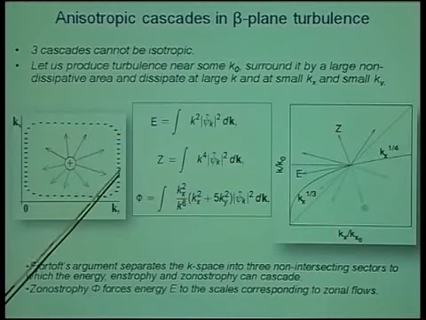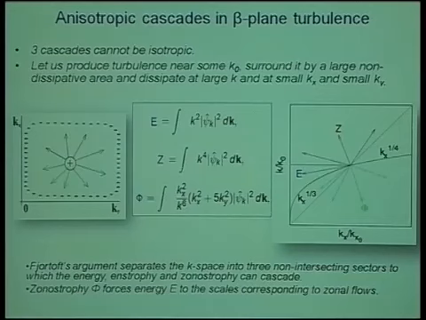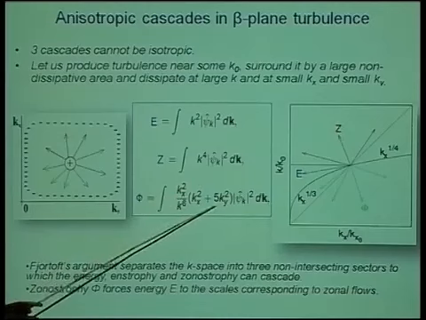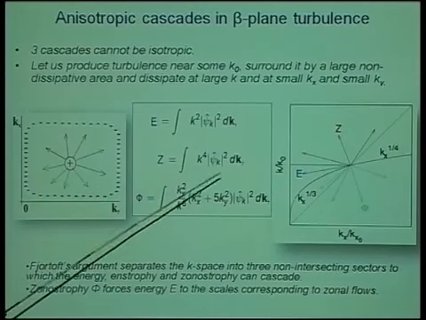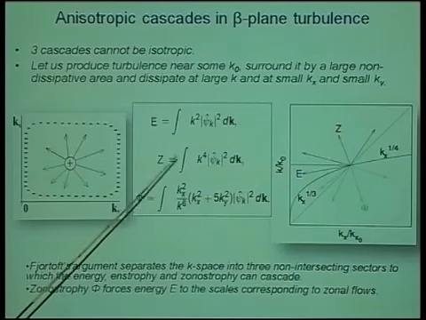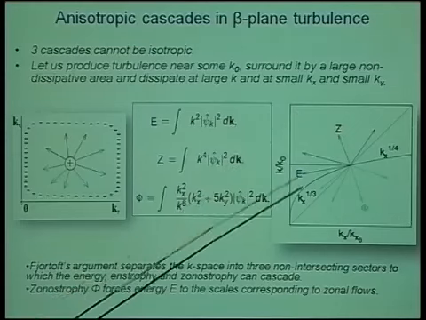Okay, so three invariants, right? If you think a little bit yourself about Fjortoft's argument, you will recognize that the boundaries between the sectors where different invariants cascade are determined simply by pairwise equating their respective k-space densities. So equate these two, and you'll get the boundary between the energy and entropy cascades.